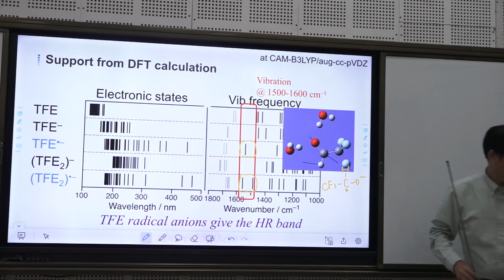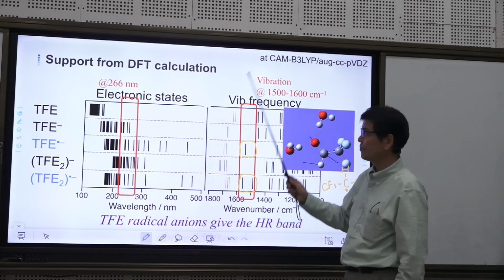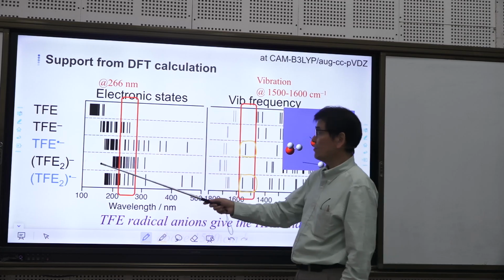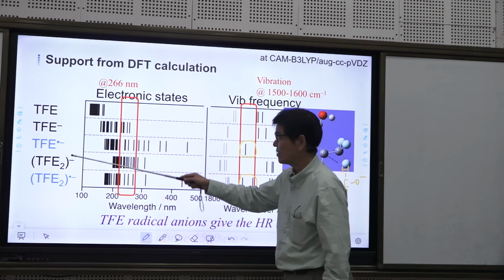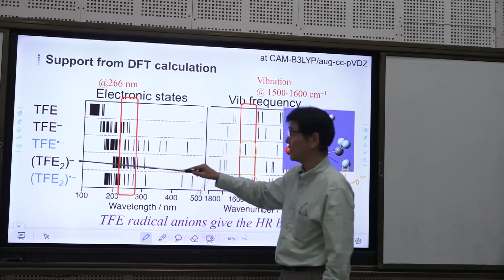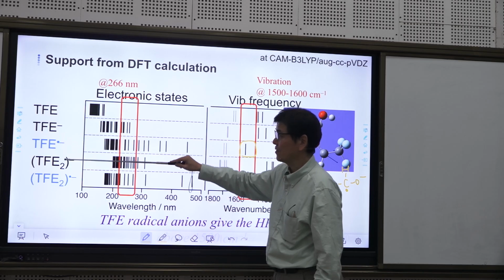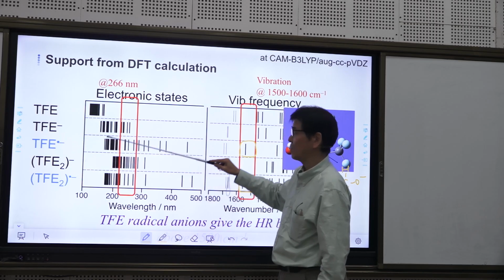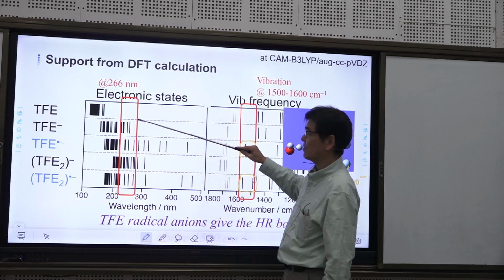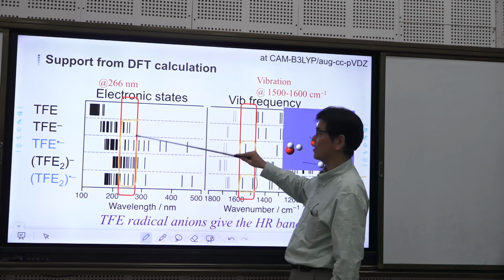To explain that point, let's focus on resonance condition. When we check the electron distribution of the electronic states of these four species, anion, radical anion, dimer radical anion, all have the electronic state near 266.